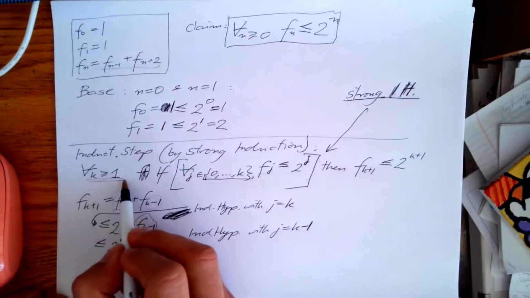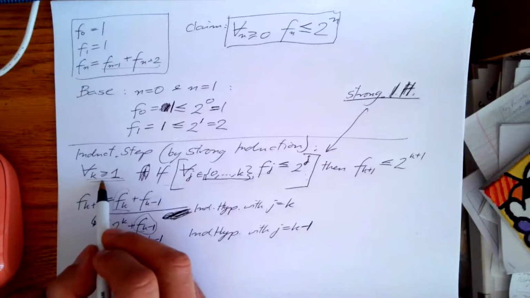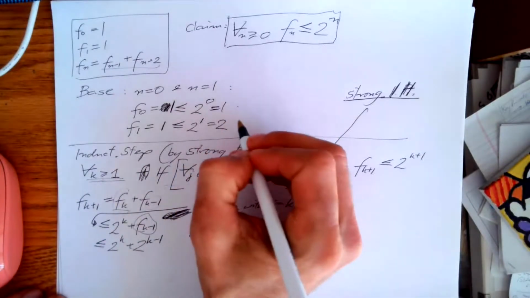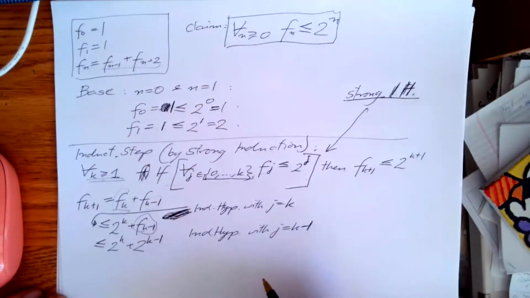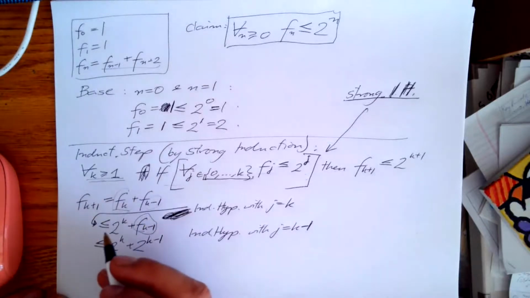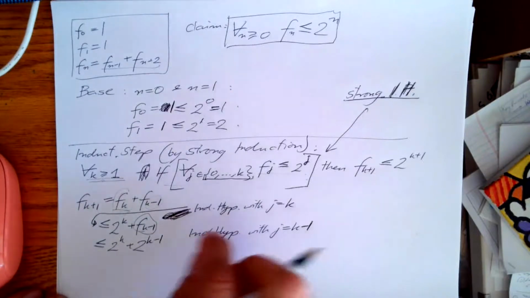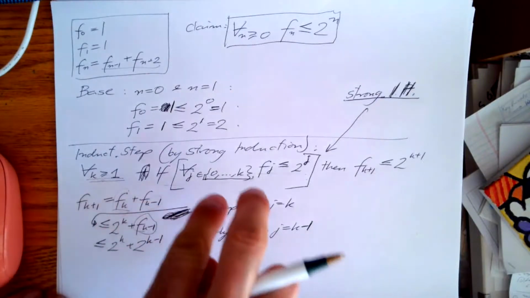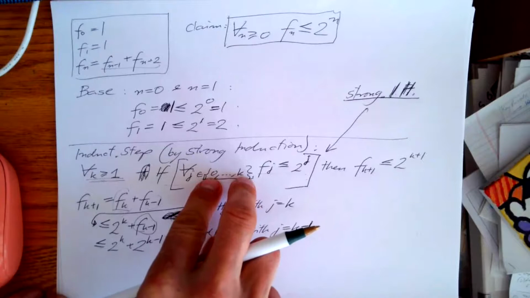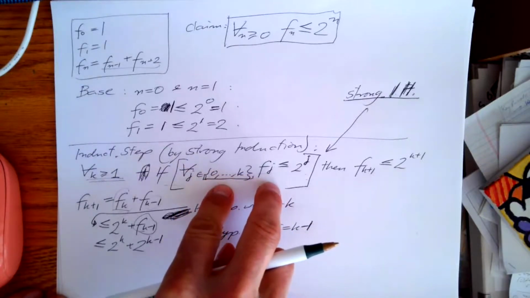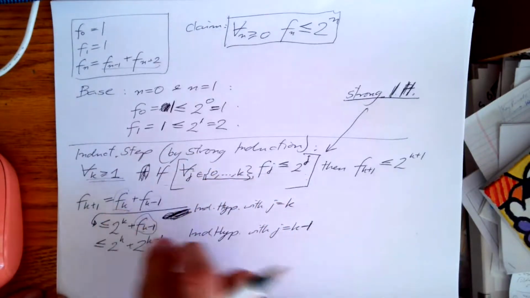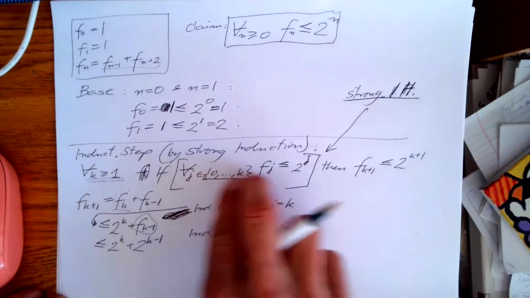No. And that's why I need both of these in the base case, because otherwise I couldn't start this. I need both previous guys to fit into the range that I assume in the inductive hypothesis. I need both index k and index k minus 1 to be in here.